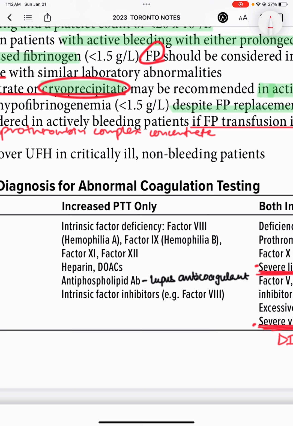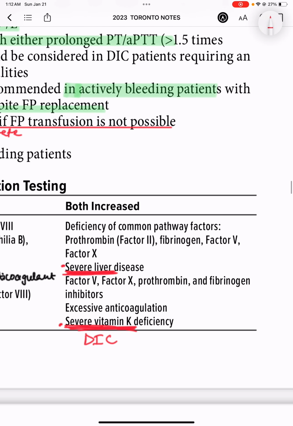So heparin and DOACs and antiphospholipid antibody, which is the lupus anticoagulant. Just remember this, lupus anticoagulant. Even if in antiphospholipid syndrome there is a state of hypercoagulation, the lupus anticoagulant in it would increase the PTT. And then there is either intrinsic factor deficiency or intrinsic factor inhibitors, like factor 8.